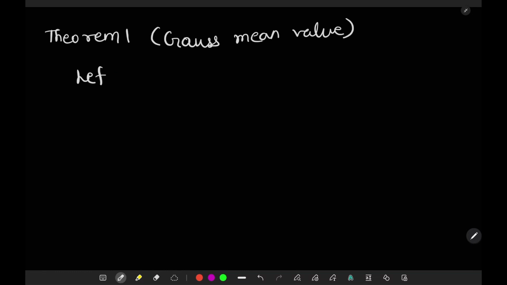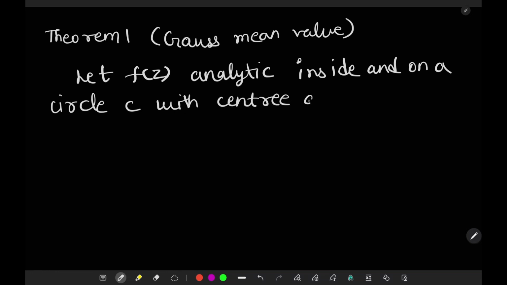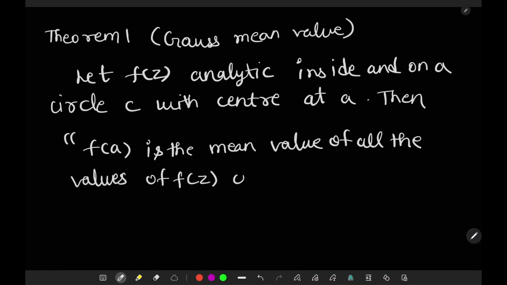Let f(z) be analytic inside and on a circle C with center at A. Then the Gauss mean value theorem states that f(A) is the mean value of all the values of f(z) on C.